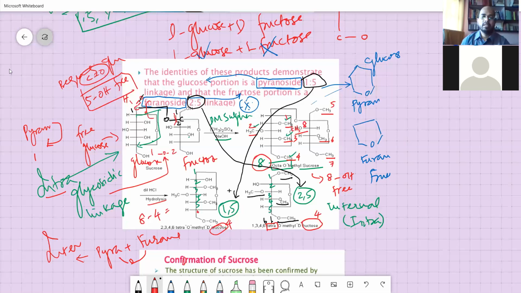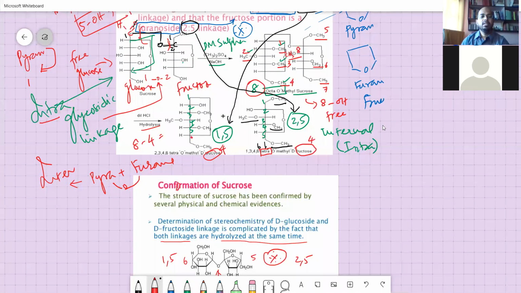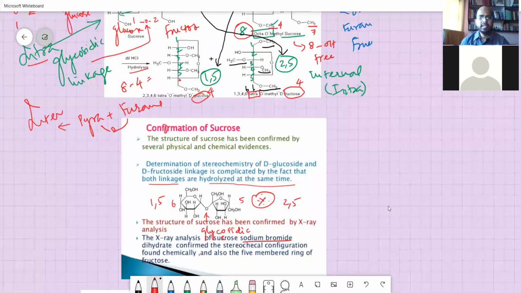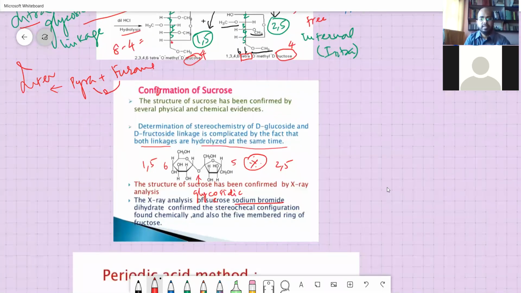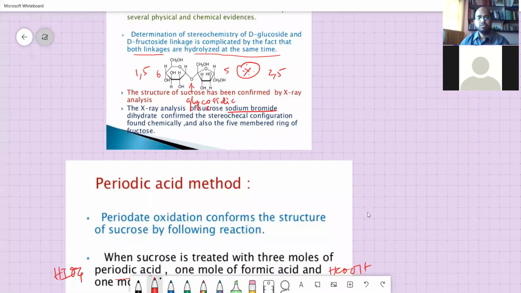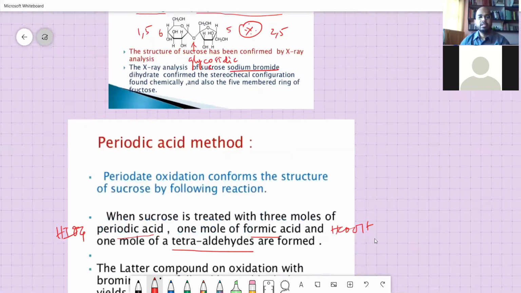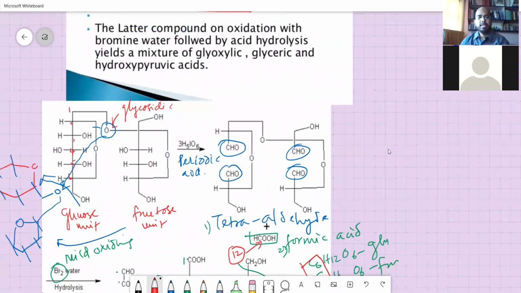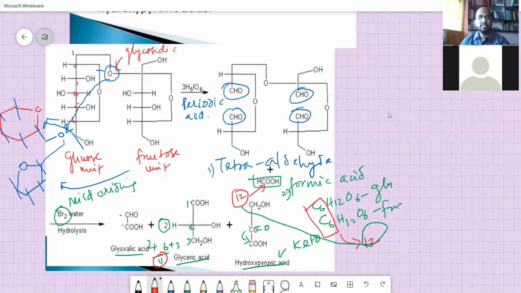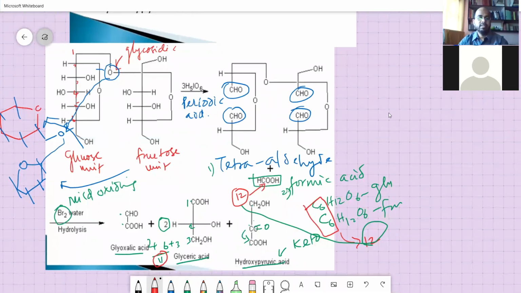Okay, now the confirmation of sucrose is done by several techniques, and one of the techniques is confirmation by X-ray. And then we have the last reaction in which we use the periodate that gives rise to formic acid plus glyceric acid plus hydroxypyruvic acid.